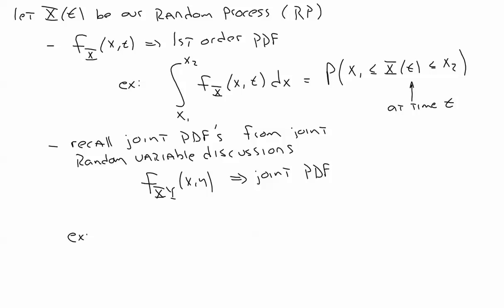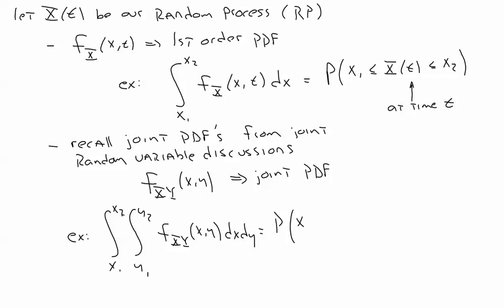We could integrate from x1 to x2, and y1 to y2, of my joint PDF. And this was the probability that random variable x was between x1 and x2, and simultaneously y was between y1 and y2.